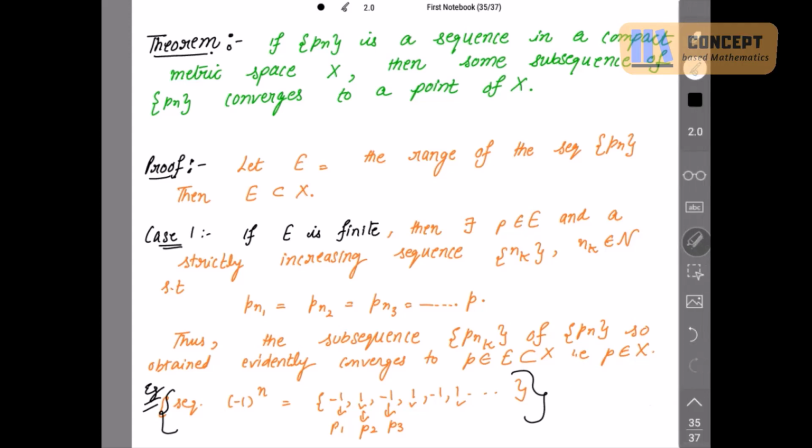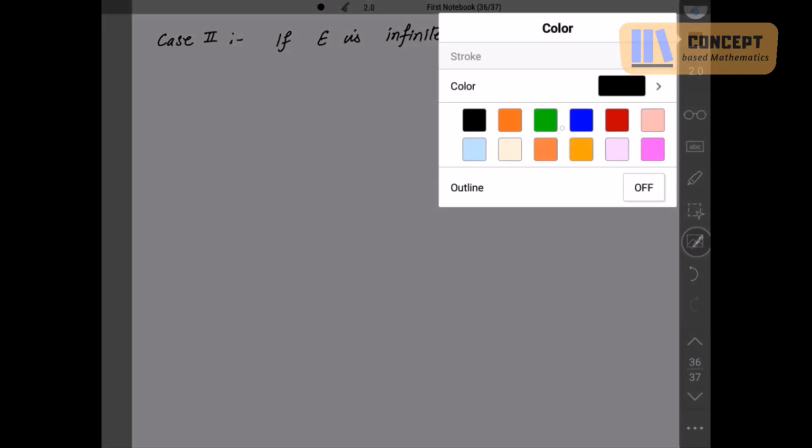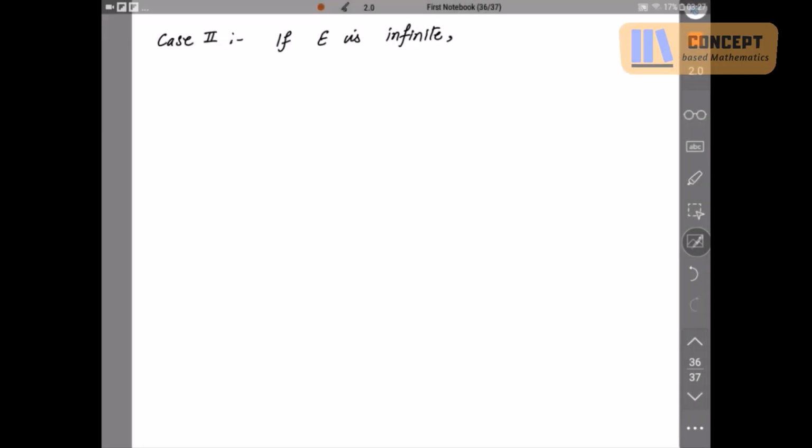Now the other case, if your range is infinite. Case 2. If E is infinite. Alright, now if E is infinite, then we will find a limit point.